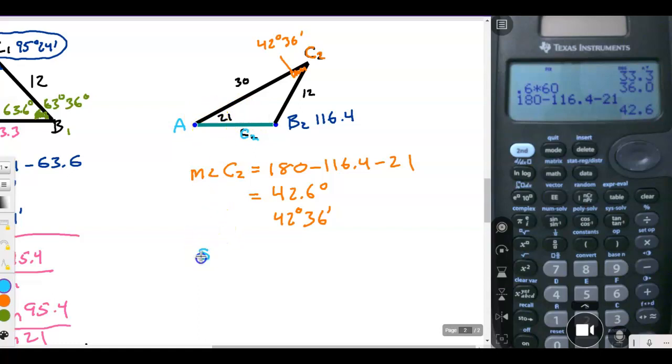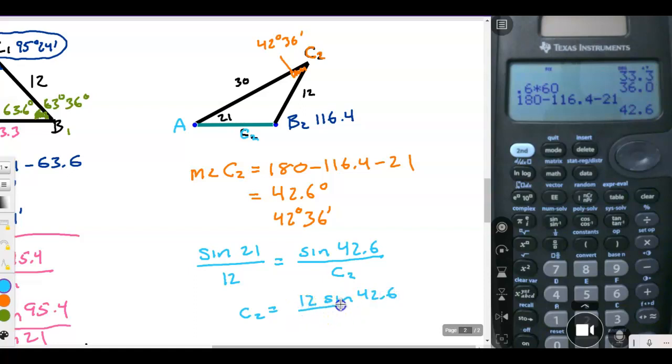So we'll have sine of 21 over 12 equals sine of 42.6 over C2. And this time I'm not going to make the same mistake. So we'll have C2 equals 12 times sine of 42.6 all over sine of 21.